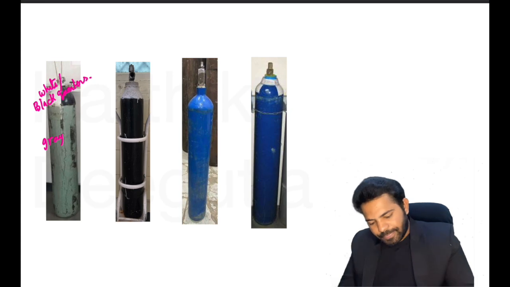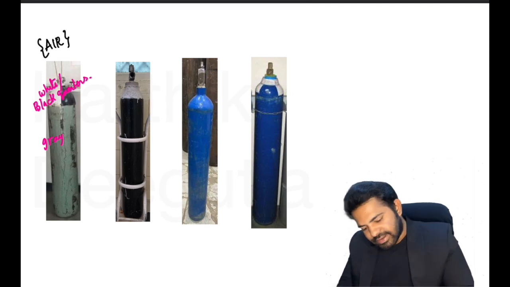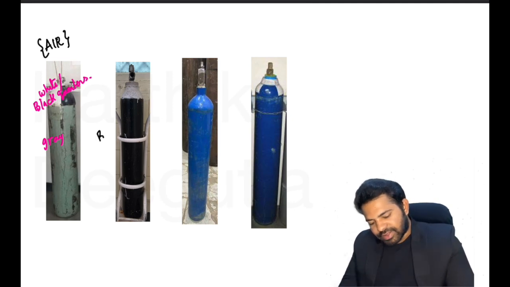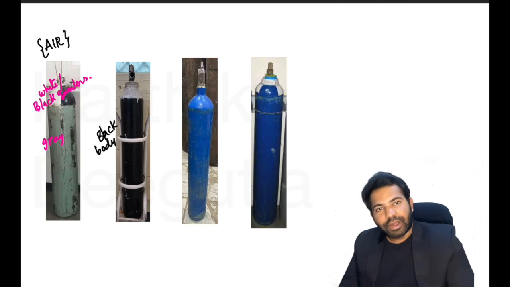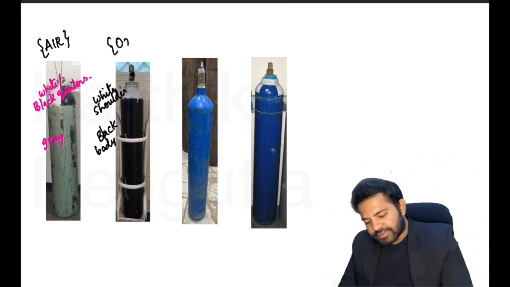So this is an air cylinder. Now we have a cylinder with a black body and white shoulder. So this is an oxygen cylinder. This was a previous year question.